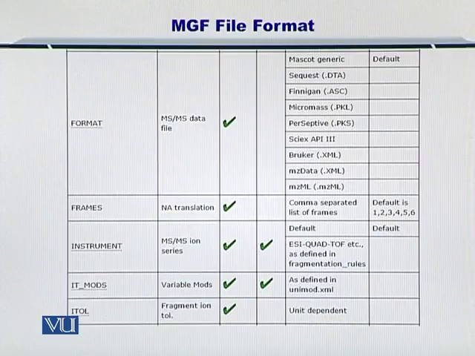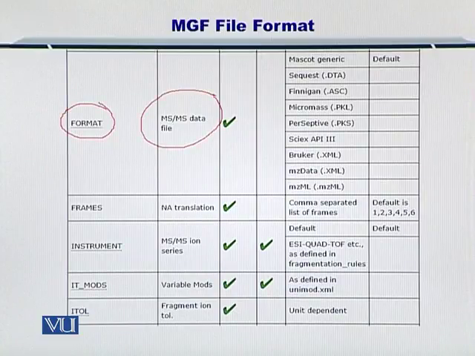Next, the format. If you look closely, the format attribute gives you the MS/MS data file format. This is your data which is coming from the mass spectrometer in terms of the mass over charge ratio and relative abundance. This data is dependent upon the type of mass spectrometer, and therefore there are multiple formats that can be used for setting this attribute.